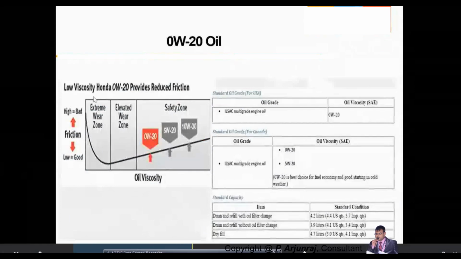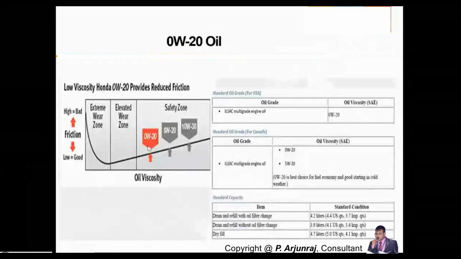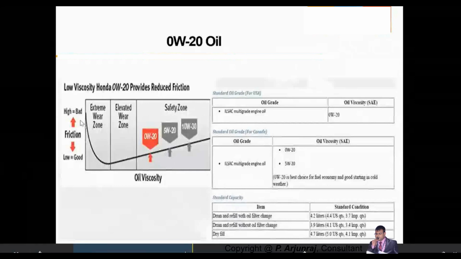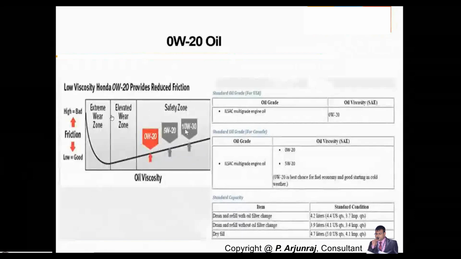This is 0W20 oil which has been used in a Honda. This is the low viscosity one where they're going with 0W20. You see here, the friction level is going to get reduced when you're going for 0W20 instead of 5W20 and 10W30. First you have the extreme wear zone and elevated wear zone, and you have a safety zone.